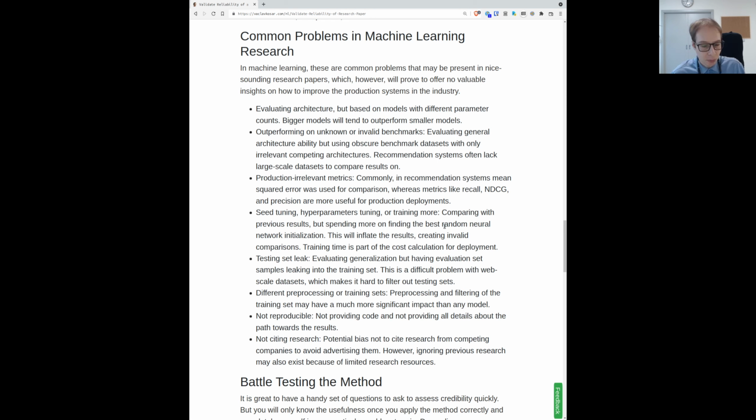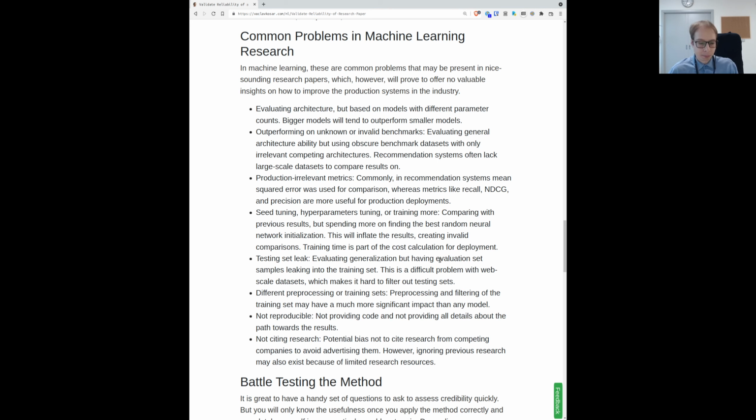This is, for example, a problem in recommendation systems, that often large-scale datasets are very scarce, and so we cannot really compare the results well. Are there production irrelevant metrics? So, for example, in recommendation systems, mean square error at least was very popular in the past, whereas recall or NDCG precisions are more useful for deployments.